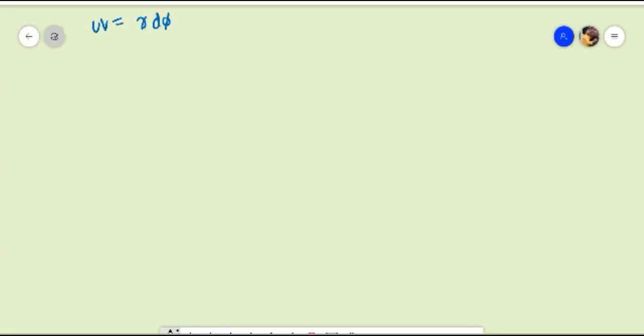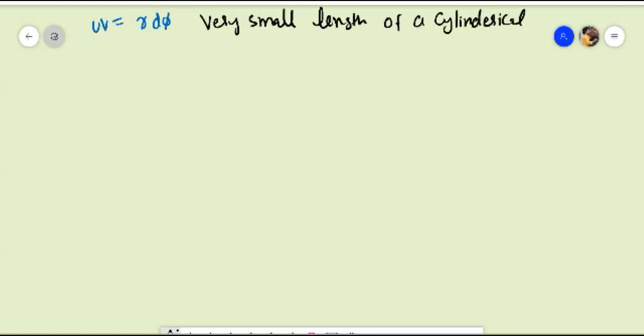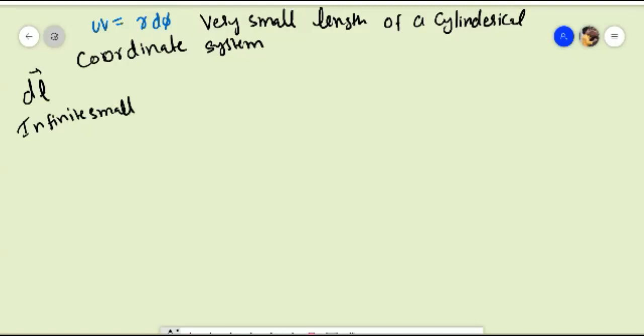Now we should remember that if we talk about a very small length of a cylindrical coordinate system, then we can write the value dl. dl is called the infinite small length.